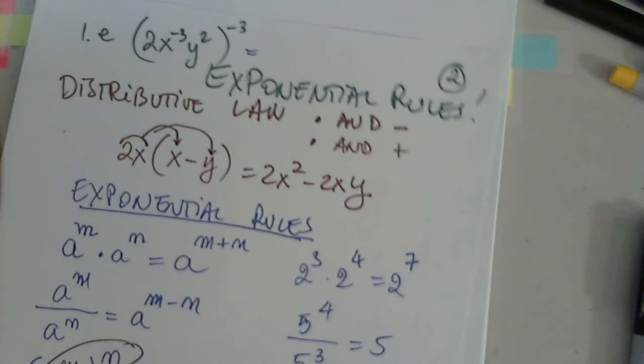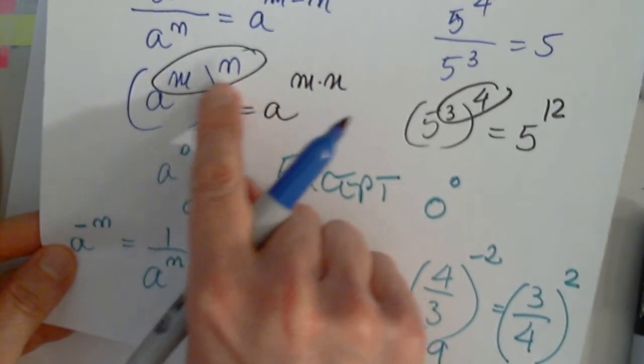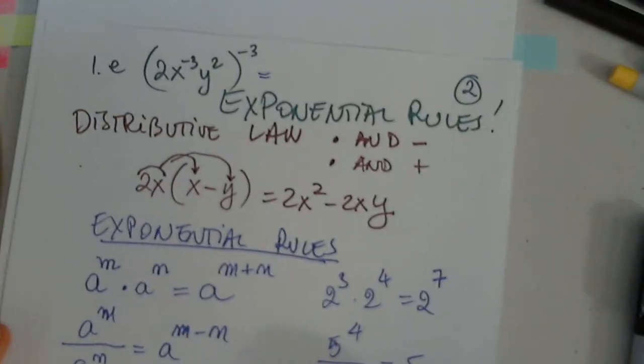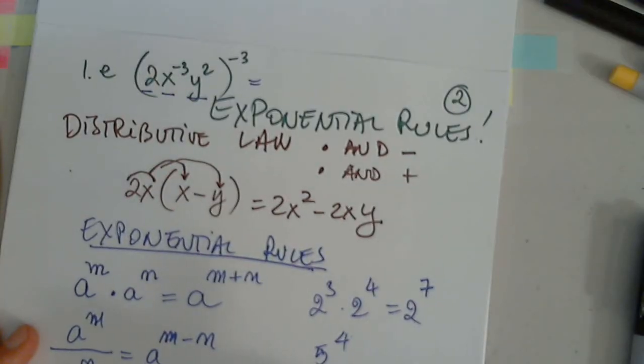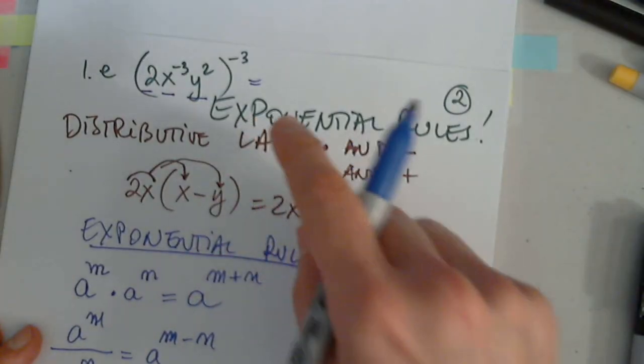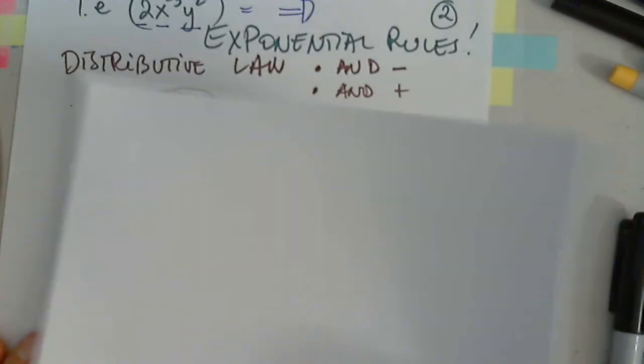So it's sort of, but it's not a distributive law. Okay. There are 3 factors here. All 3 factors have to be raised to the same power. Since I don't have enough room, I'm just going to go to the next page.